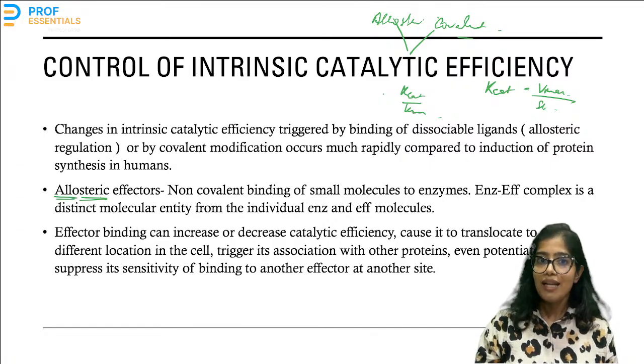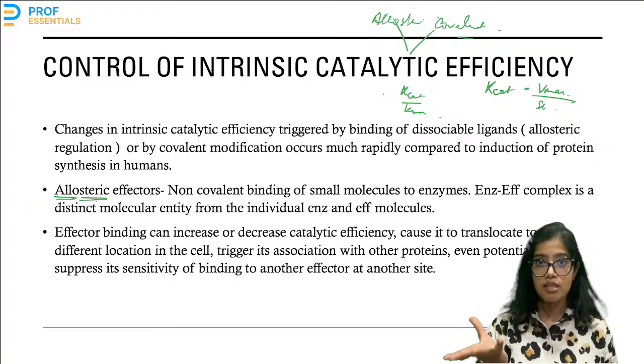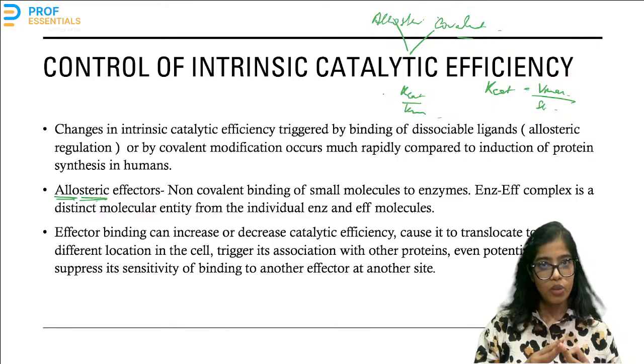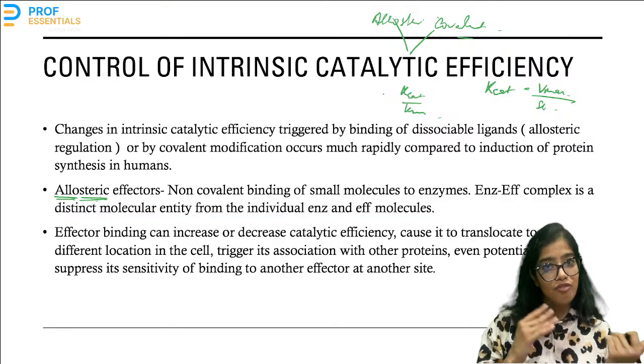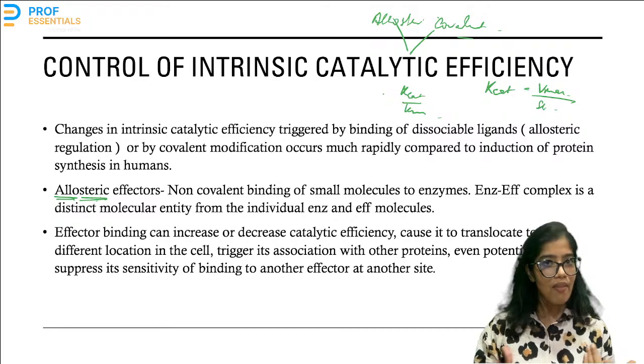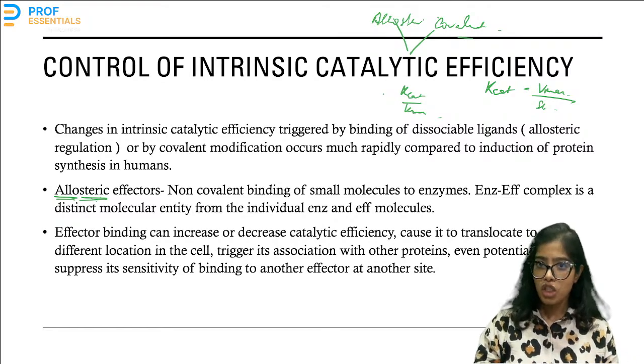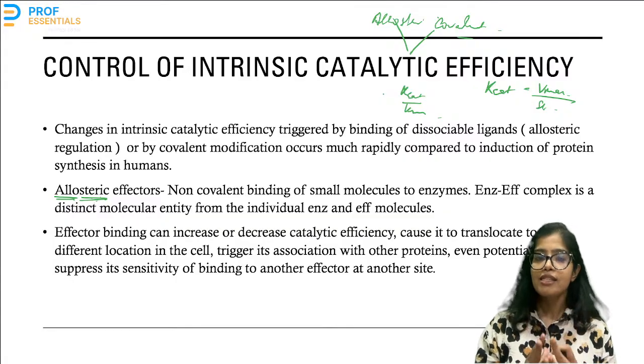So these molecules bind at a different site on the enzyme other than the active site for the substrate, in a non-covalent fashion, and they bring about a change in its intrinsic catalytic efficiency.